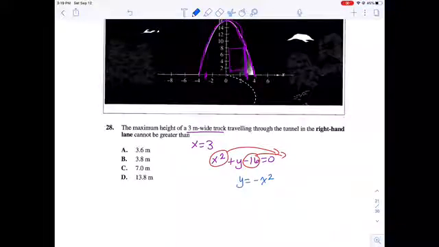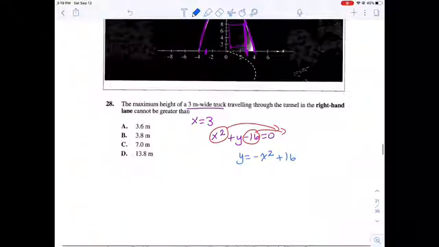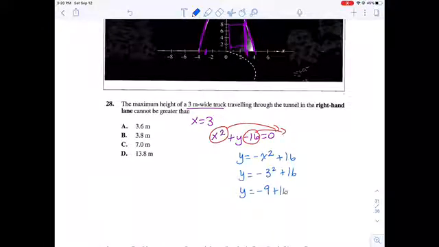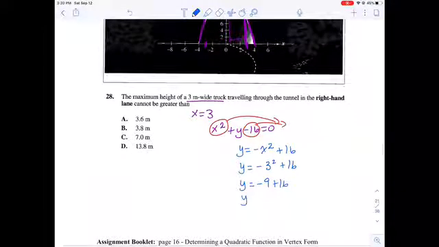When we move something over, it becomes negative, or if it was negative, it becomes positive. So y is equal to negative 3 squared, and it's just the 3 that is squared. So y is equal to negative 9 plus 16, because the negative is in the equation, so I don't square the negative. And so y is equal to 7. So the maximum height of that truck would be 7.